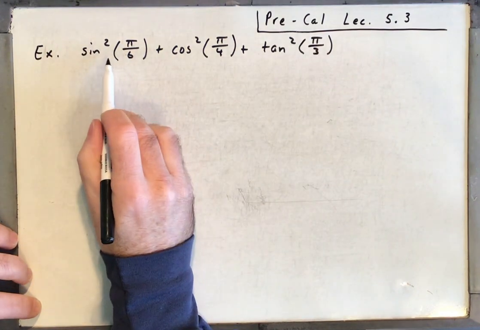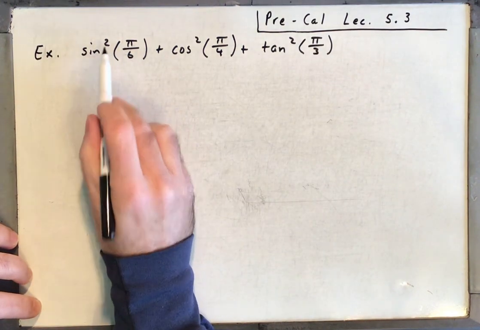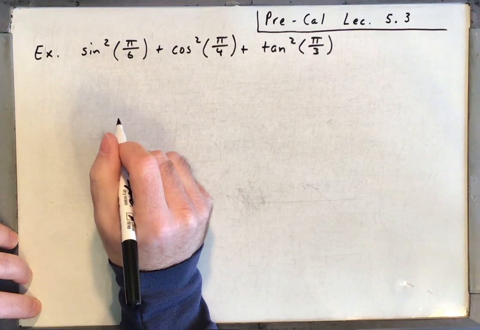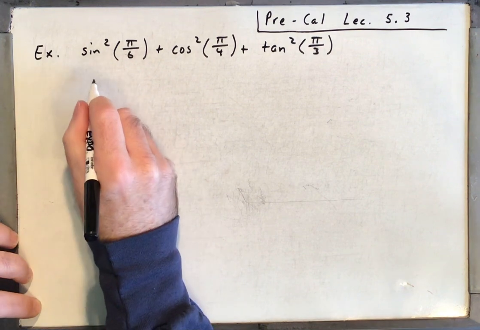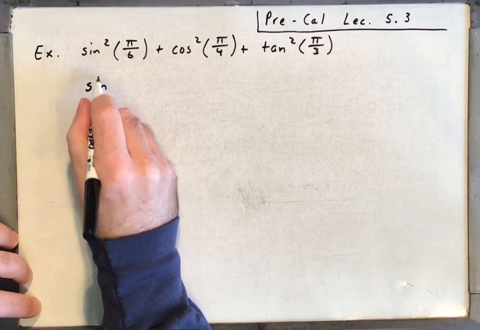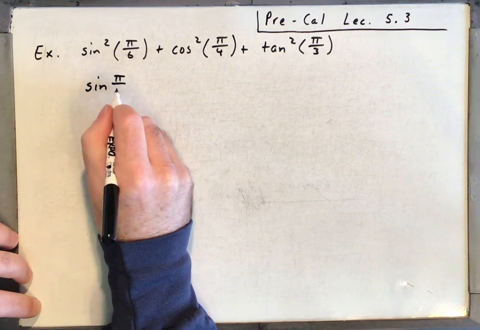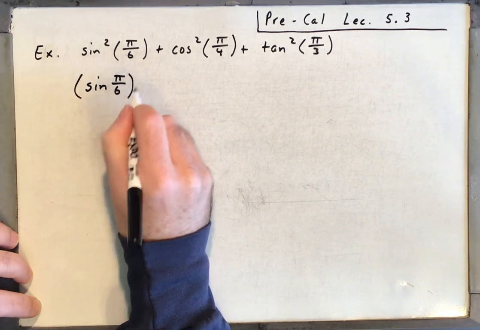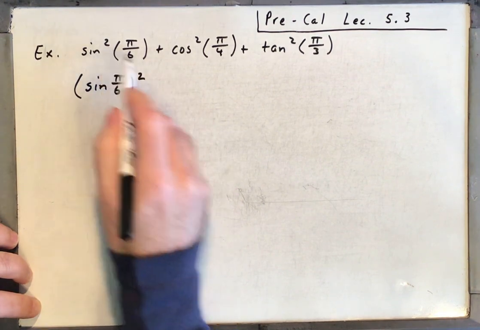What this means is find the sine of pi over 6 and then square it. Okay? So it just means this. So I'm going to write this out. That's what it means. It's just another way of writing it.